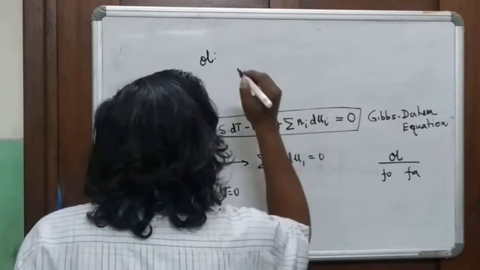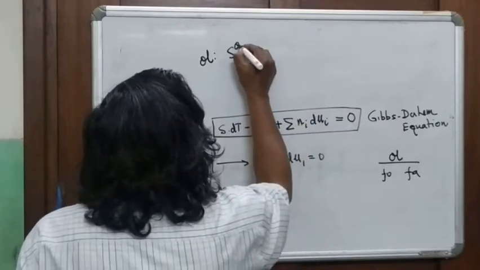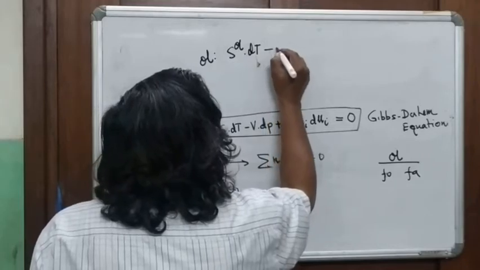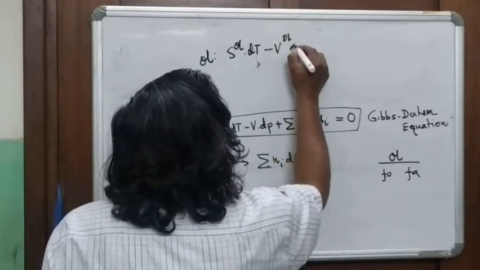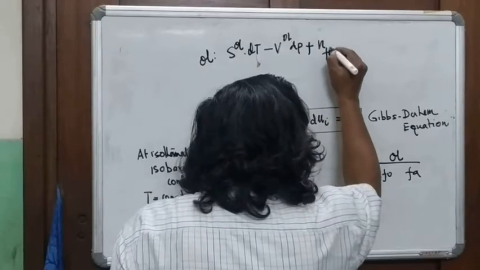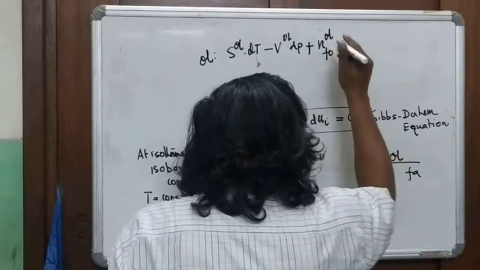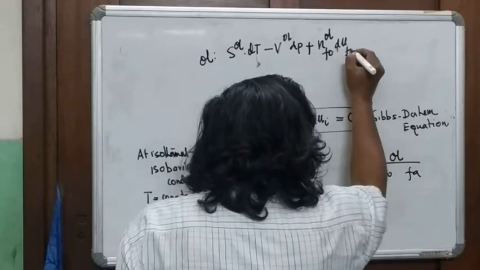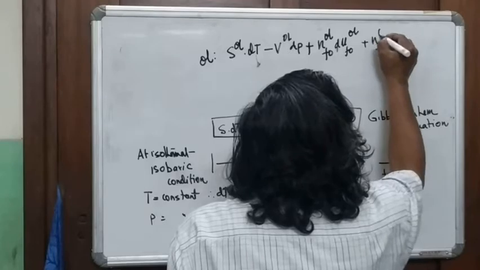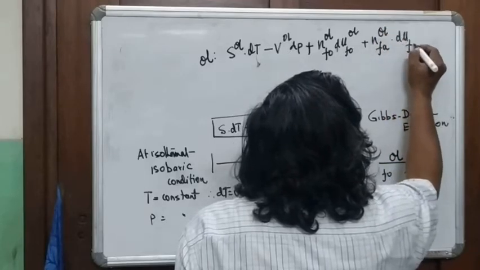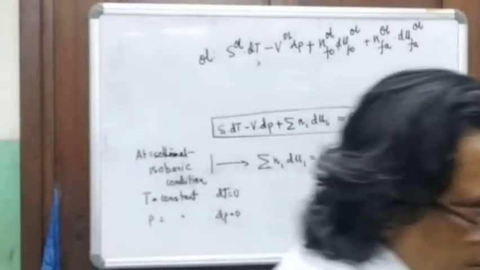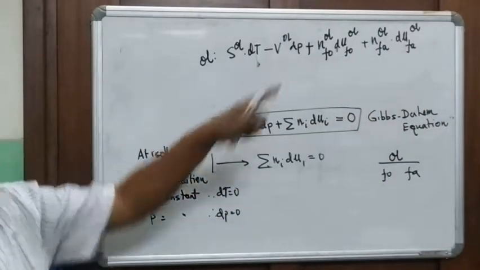So for olivine, if I write this Gibbs-Duhem equation, it will look like S of olivine dT minus volume of olivine dP plus, now you see, N of forsterite in olivine into d mu of forsterite in olivine plus N of fayalite in olivine into d mu of fayalite in olivine. This is how it looks.